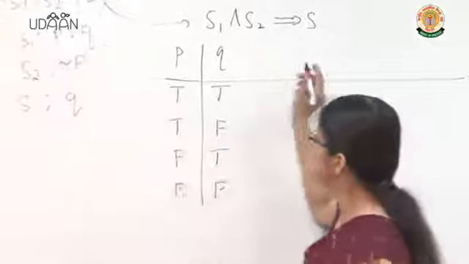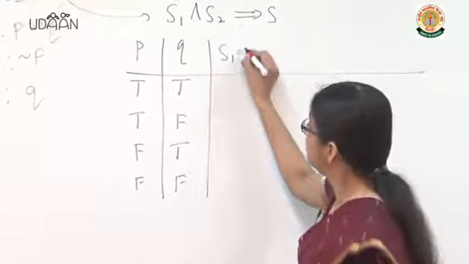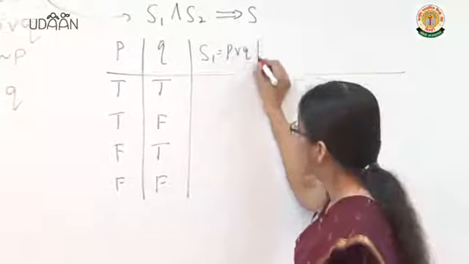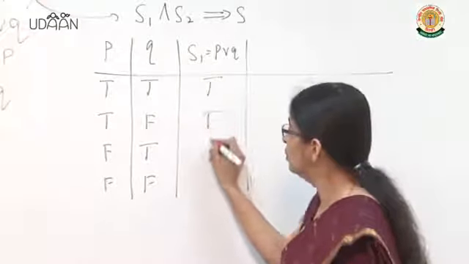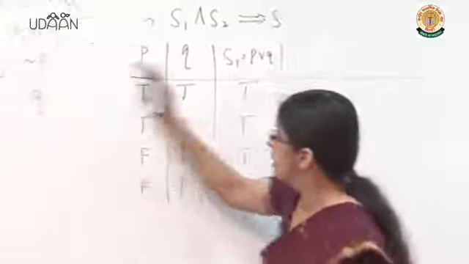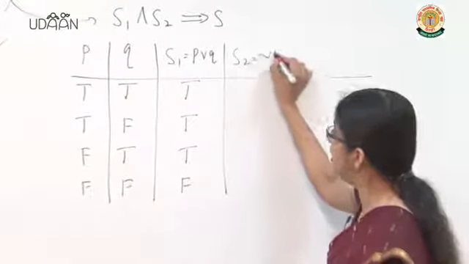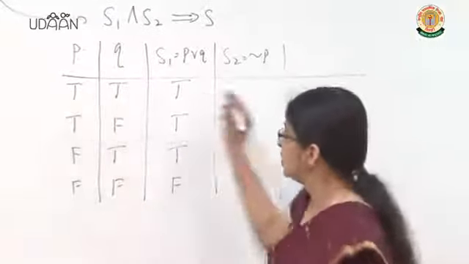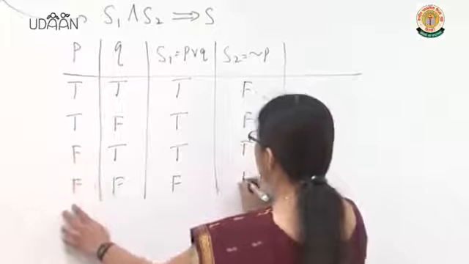First, let us make the column for S1, which is P or Q. P or Q, make it quickly. It is true, true, true or false. Next, S2. S2 is negation of P, which is false, false, true, true.